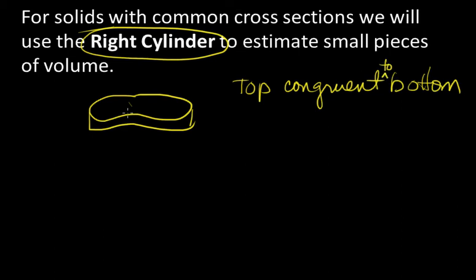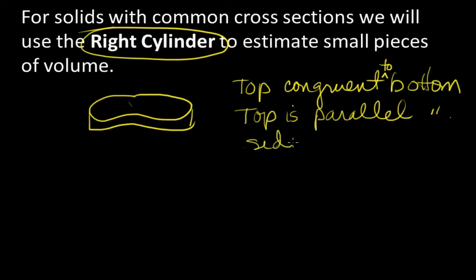The top face is exactly congruent to the bottom face, and the top is parallel to the bottom, and the top lies directly over the bottom. In other words, the side is perpendicular to the faces, the top and the bottom.